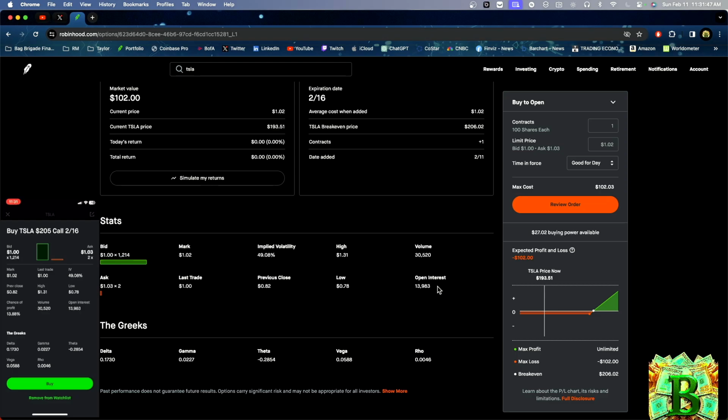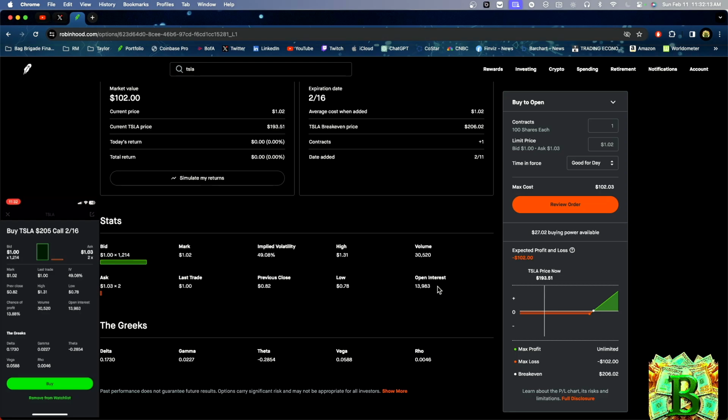So again, the more volume and more open interest, the more volatile things can tend to be, but that's not always the case. You just don't want to find options that have very, very low liquidity, like zero volume or very minimal volume with a small open interest. It can get very hard to get filled at a good price and also exit at a good price.